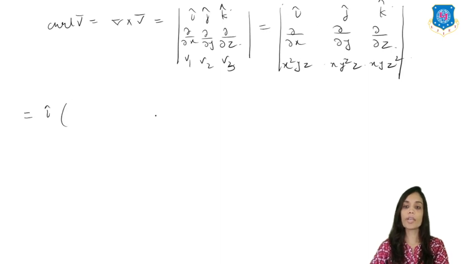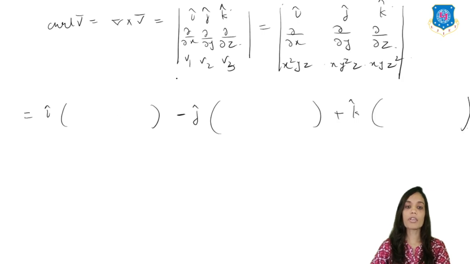So i cap and bracket, minus j cap, you have to solve and put it over here, plus k cap and the answer. If I solve from here, it will be del by del y of xyz square minus del by del z of xy square z.